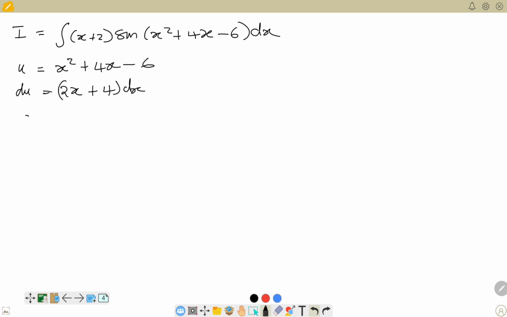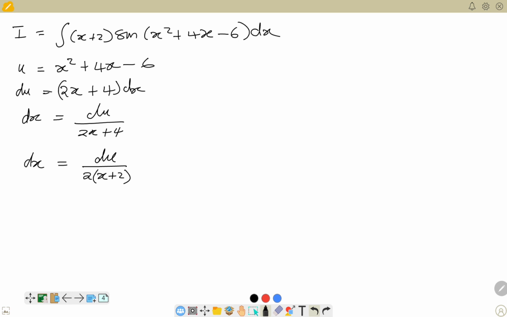And I can solve for dx. It's going to be du over 2x plus 4. Then I can continue to solve further. I will have du over, if I factor out 2, 2 times (x plus 2) here.